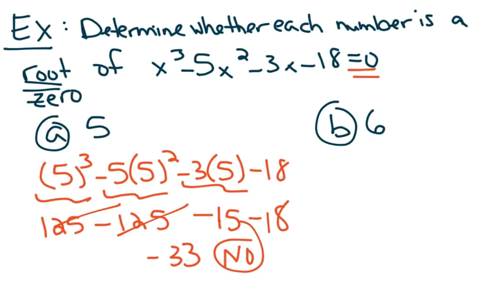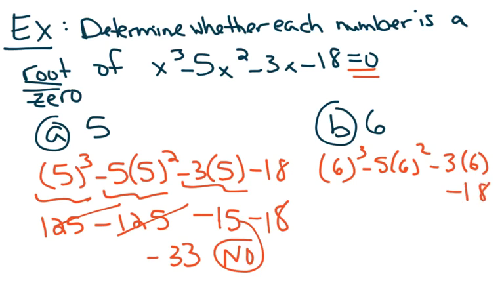Let's try 6 instead. We're going to do 6 cubed minus 5 times 6 squared minus 3 times 6 minus 18. Now I'm doing this the long way, but you can always just plug this into your calculator verbatim and hit enter and it'll tell you the answer. 6 cubed is 216. Minus 5 times 36 is 180.